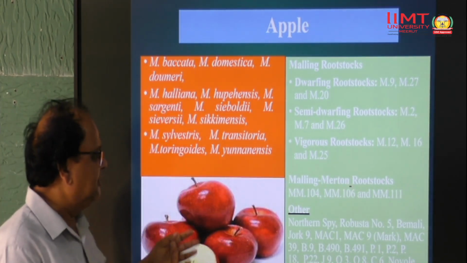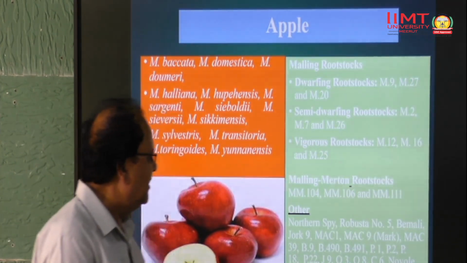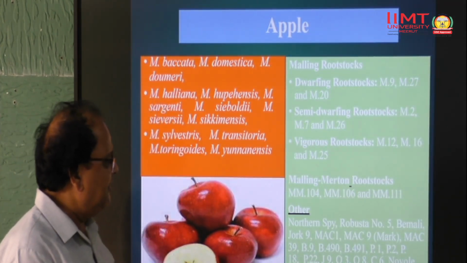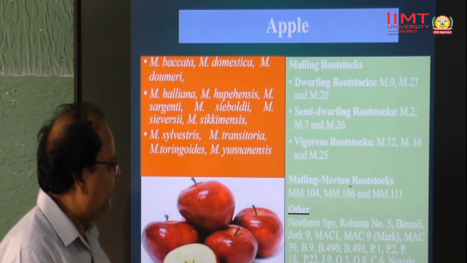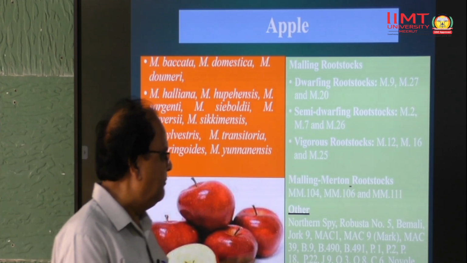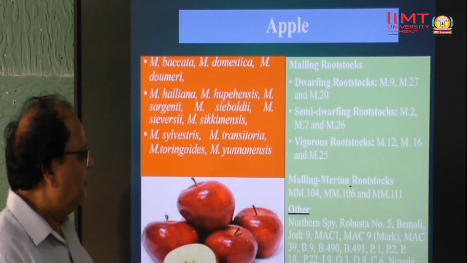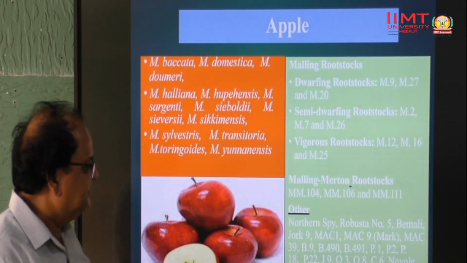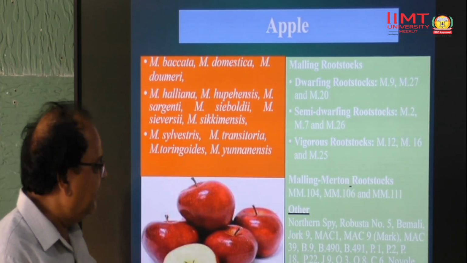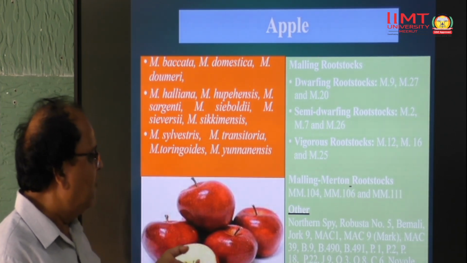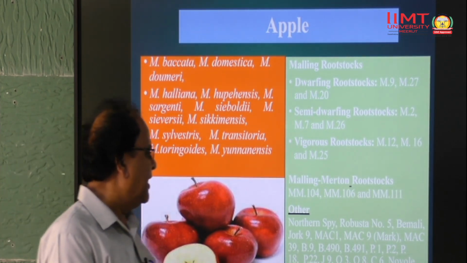Others are Northern Spy, Robusta 5, Bemali, York 9, MAC1, MAC9, Mark or MAC39, B9, B490, B491, P1, P2, P18, P22, J9, O3, O8, C6, Novole, G30, G65, KC1, 48-41, and Alnarp 2, K14.